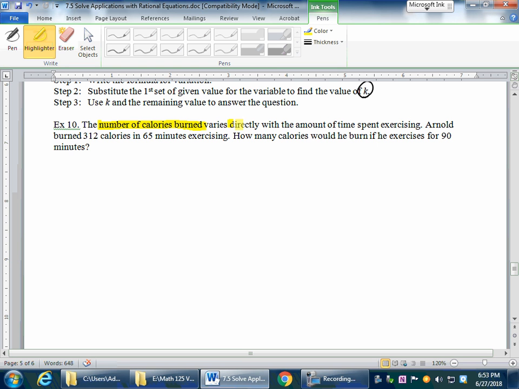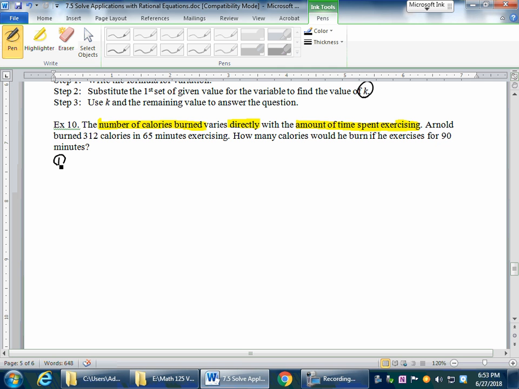Varies directly with the amount of time what? Spent exercising. So this is telling you how to set up the formula. What we need to do, like before, is define the variables, because you need to tell me exactly what your x, y, z represent.